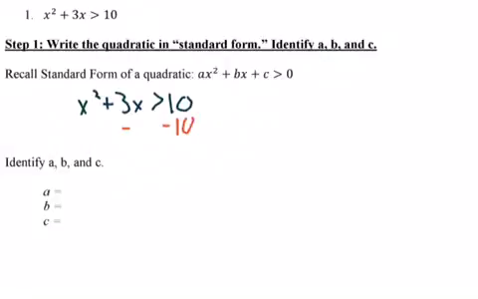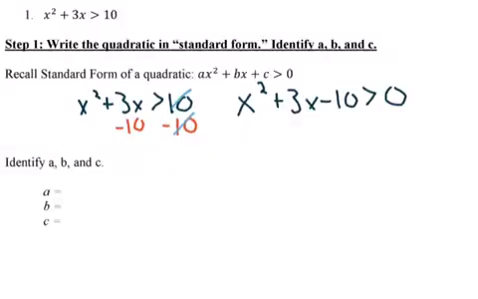The 10 minus 10 cancels out and leaves me with 0 on that side, and there are no like terms that would go with 10 on this side. So I end up with x squared plus 3x minus 10 is greater than 0.